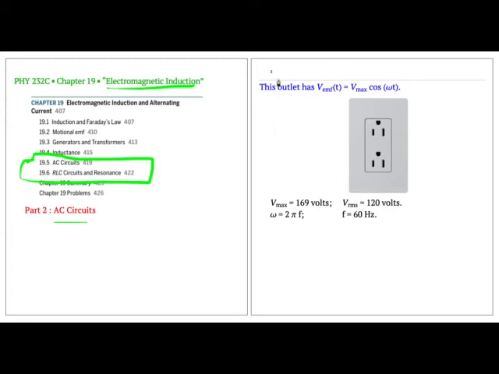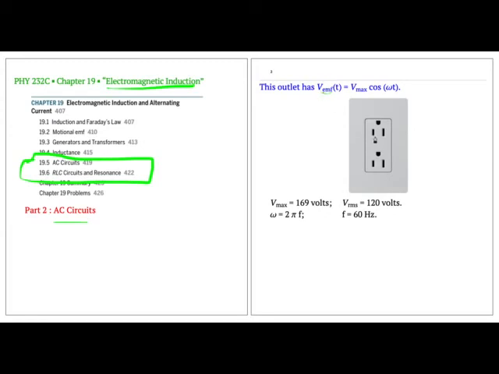To get started, let's just think about something that we've seen every day: an electrical outlet, a wall socket. This has a voltage, or an electromotive force. It's a time-dependent electromotive force.